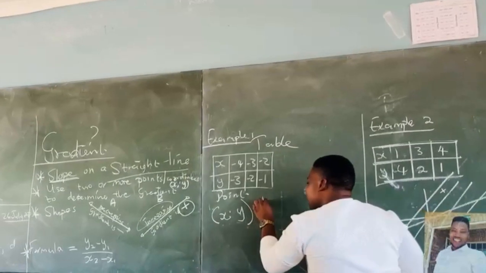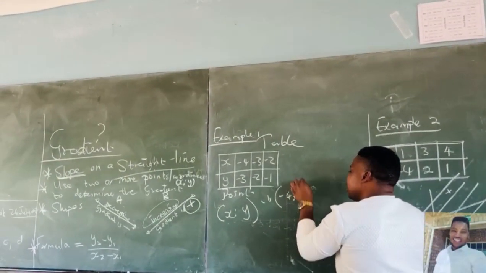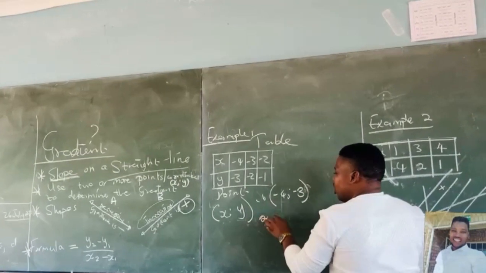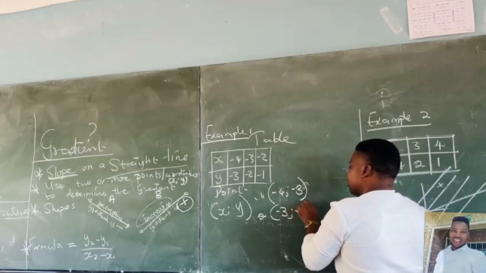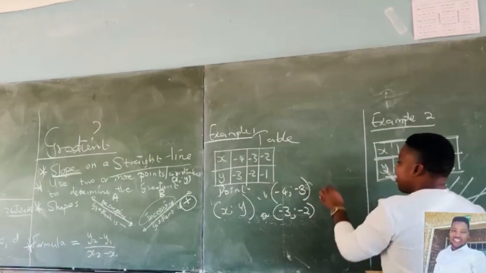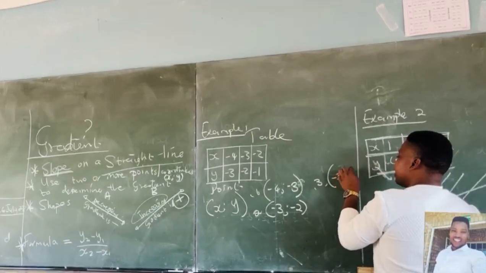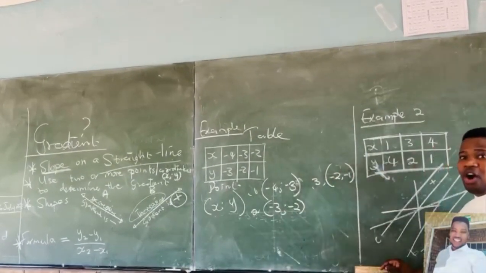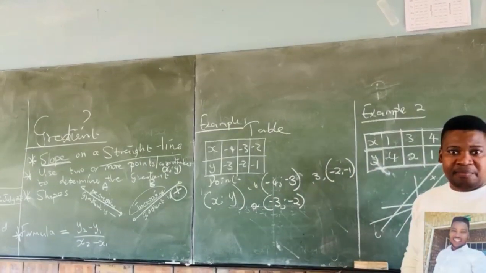Now, let's start. Point number 1 is negative 4, negative 3. Point number 2 is negative 3, negative 2. Point number 3 is negative 2, negative 1. Are we all clear? Now, how many points are we having here? 3 points.